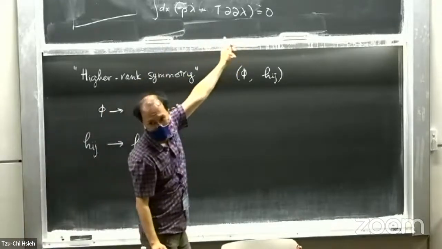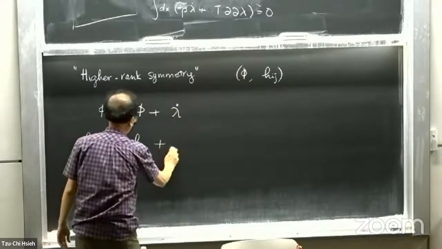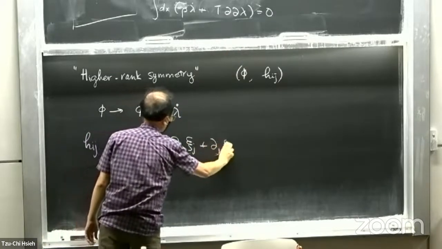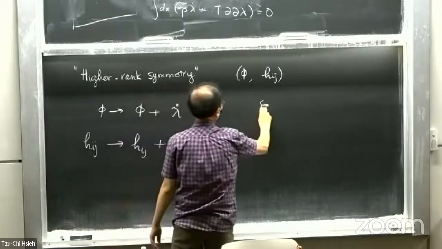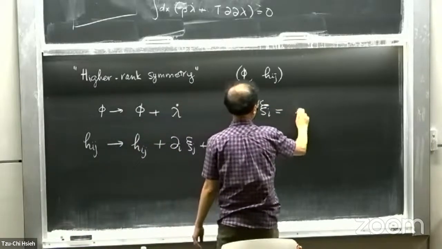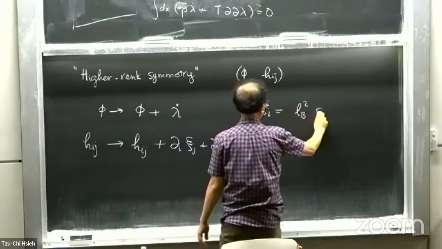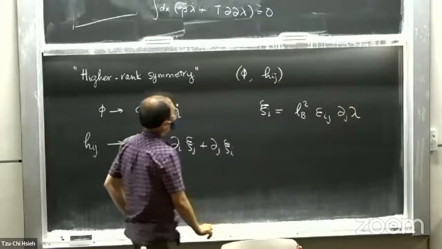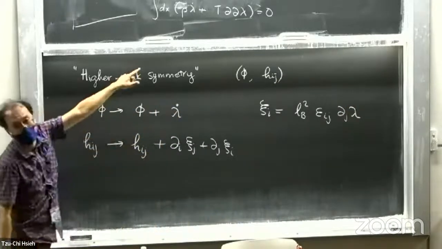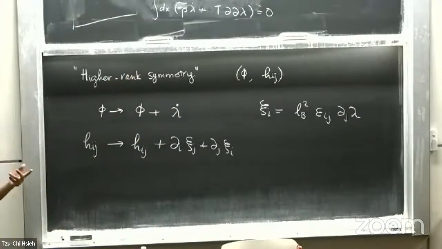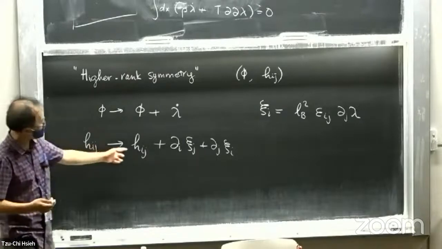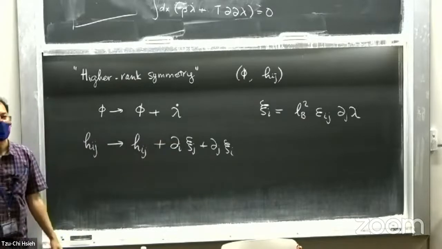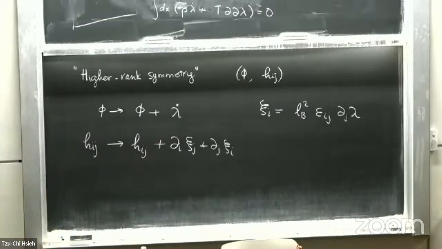I'm going to write it in a different way, with psi i equal to l_B squared epsilon ij lambda. This looks much nicer because this is how the metric transforms under a small infinitesimal transformation.